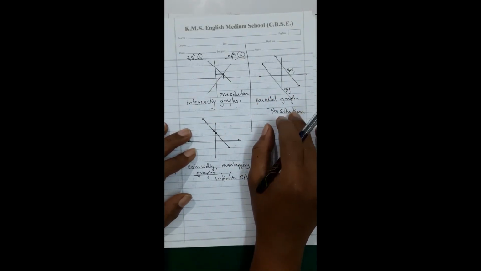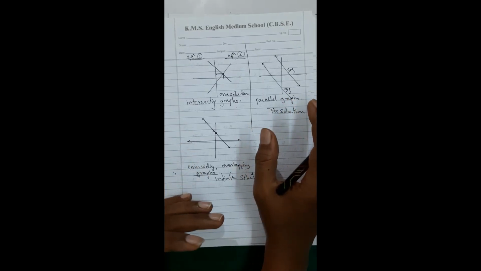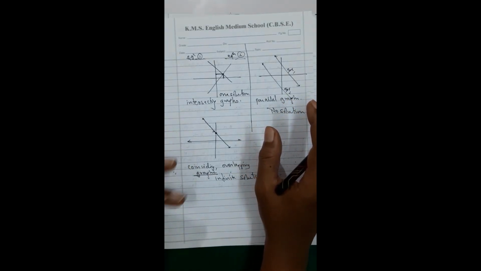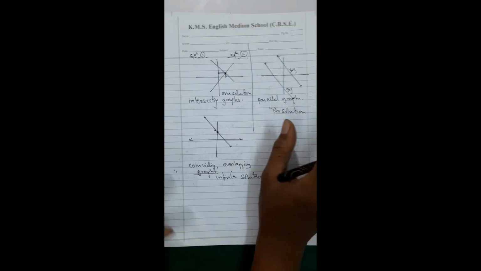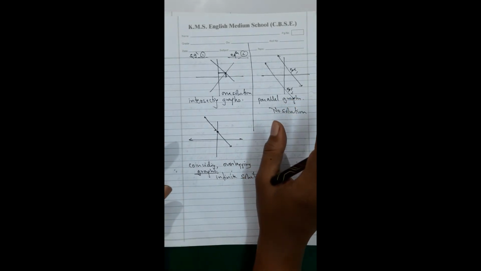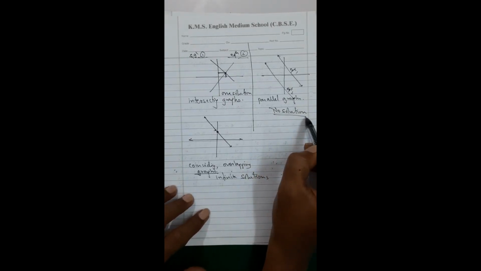You understand the meaning of no solution? No solution means there is no value of x and y which will satisfy both the equations simultaneously. There is no value existing which will satisfy equation 1 and also equation 2. This is not going to happen. That's why we call it no solution.